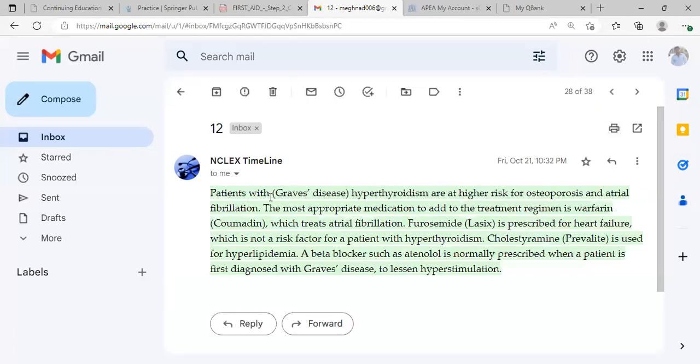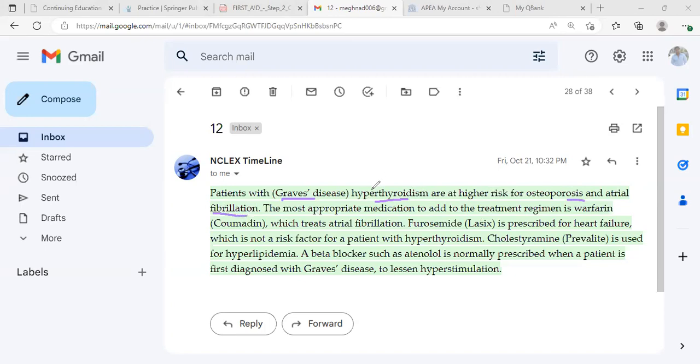Now, a patient with hyperthyroidism develops Graves' disease. Graves' disease, because of hyperthyroidism, carries risks for osteoporosis and atrial fibrillation.